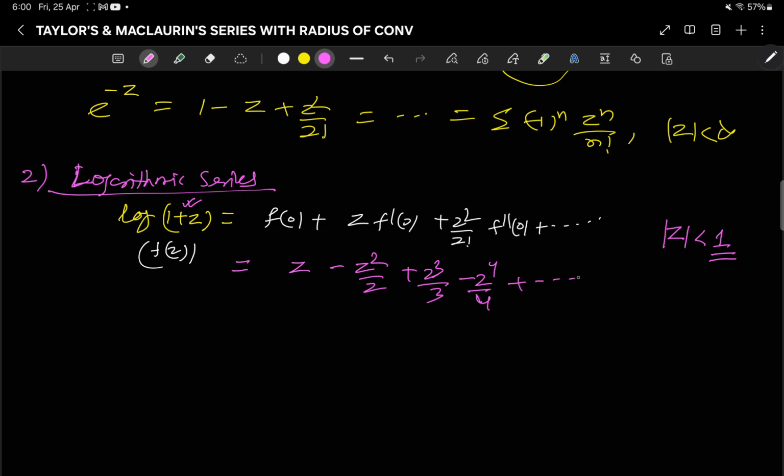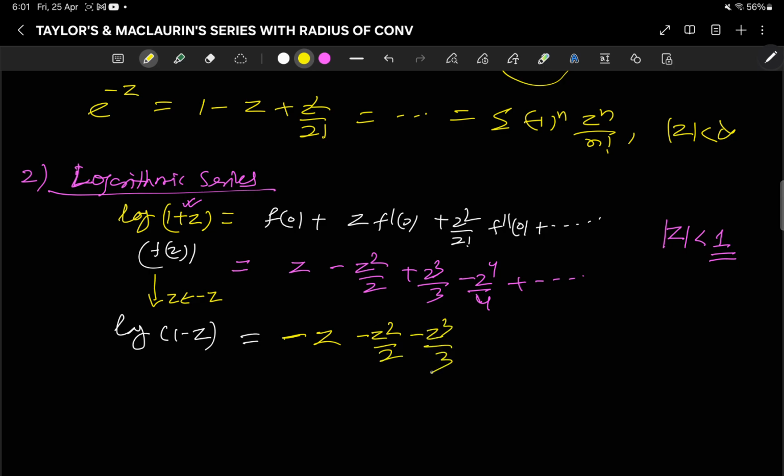So on alternatively. If I now find log(1 minus z), all the signs will be minus here, since z is replaced by minus z, right? Here you just replace z by minus z, so all are minus: minus z square by 2, because minus z whole square, minus z cube by 3, minus z to the 4 by 4, right?